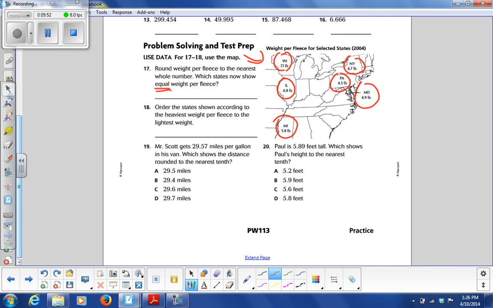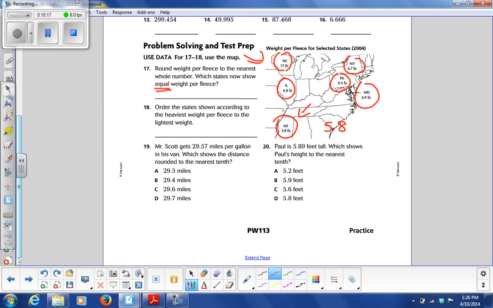Number 18 says order the states shown according to the heaviest weight per fleece to the lightest weight. Okay, so now I'm going to order decimals. Okay, we kind of learned that the last time, so I'm going to take a look at my tens place first. So the first one I could do is Michigan, right? Because that's the smallest whole number, 5.8. So that's going to be my lightest weight.